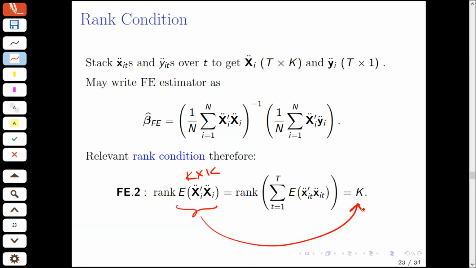You may also expand on the product of the within transformed regressor matrices and then pull the expectation inside each part of the sum to show that this amounts to assuming that the sum of the time-specific expected products of within transformed regressors should have full rank.